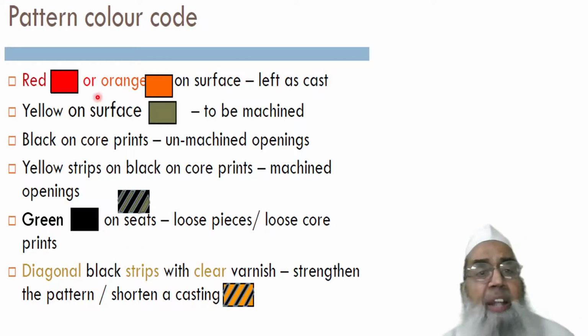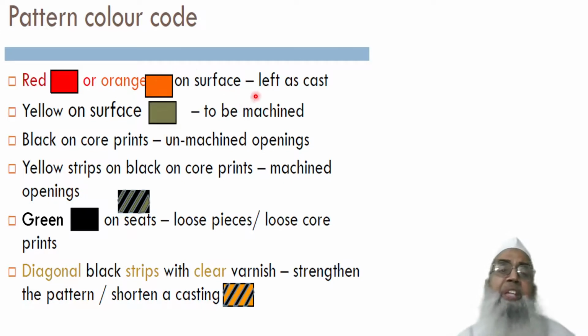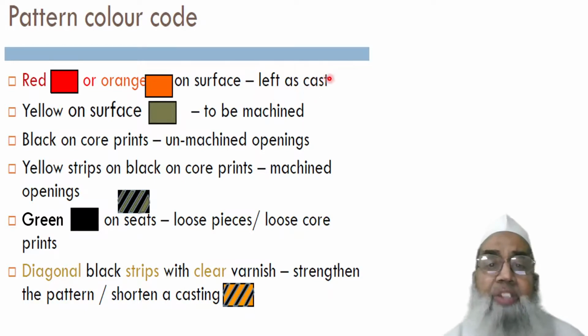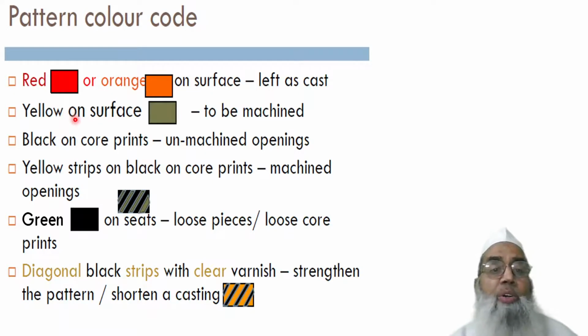Now, the surfaces of the pattern are to be recognized, so that during fabrication and during use of the pattern, we can visualize, locate the surfaces and handle them accordingly. Red and orange color is coded if the surface is needed as cast. Yellow surface is the location where we want to machine.